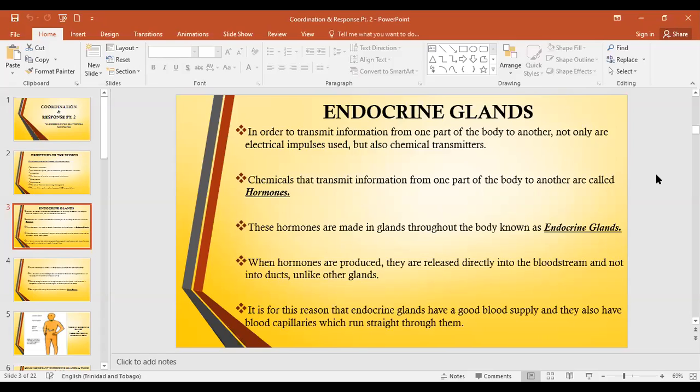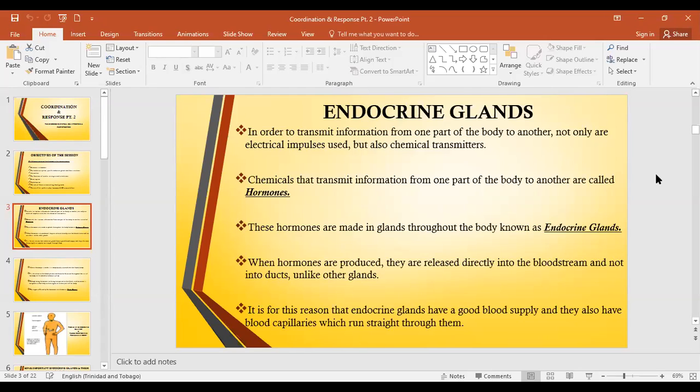And we saw that when there is not enough water in your body, your hypothalamus stimulates the pituitary gland in order to secrete ADH, which is a chemical transmitter, right? It chemically transmits the message to your kidneys, telling it to reabsorb as much water as possible. All right. So that is an example of a chemical transmitter.